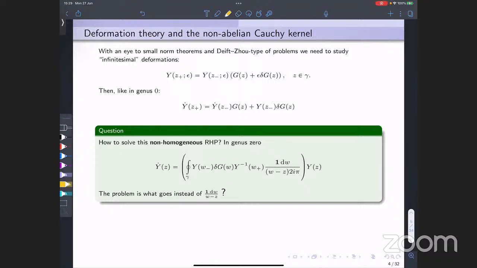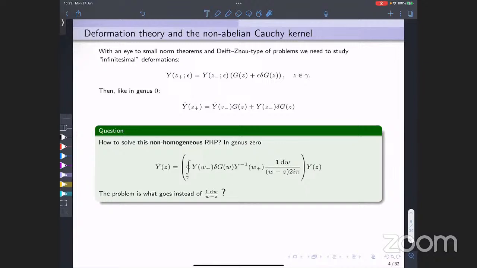So what is the key of the Deift-Zhou method at some point? It is the analysis of the error term. To analyze an error term is the same as analyzing infinitesimal deformations, to write a Dyson kind of series for the infinitesimal deformations of some particular Riemann-Hilbert problem. Or if you wish, in this context, infinitesimal deformations of vector bundles.